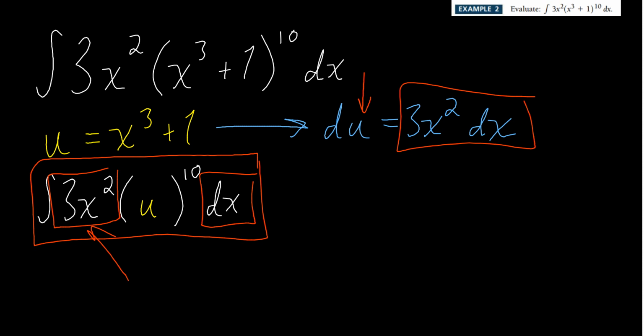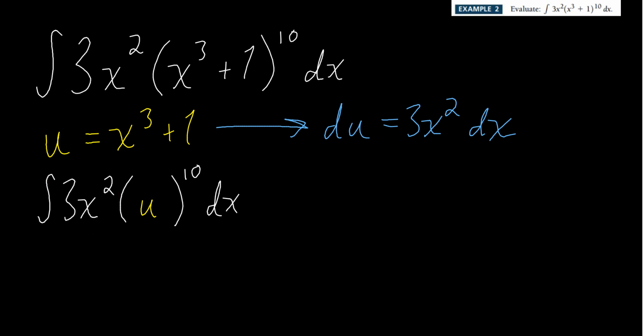Let's take those arrows away. I want to take these out, and I'm going to put du in. I'm just making a substitution. So my problem now becomes the integral of u raised to the 10th power, and then du.